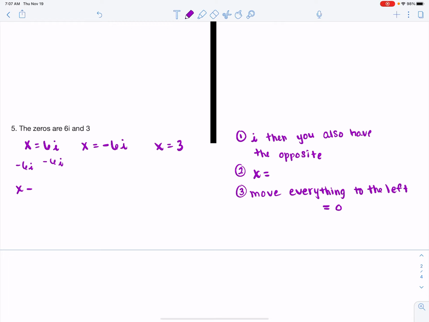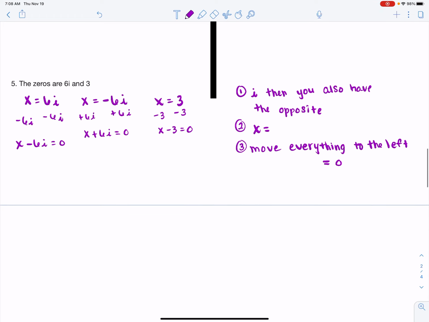So x minus 6i equals 0 plus 6i. x plus 6i equals 0 minus 3. x minus 3 equals 0. So my factors are x minus 6i, x plus 6i, and x minus 3.